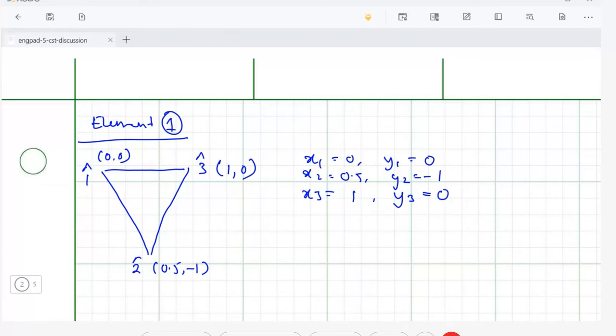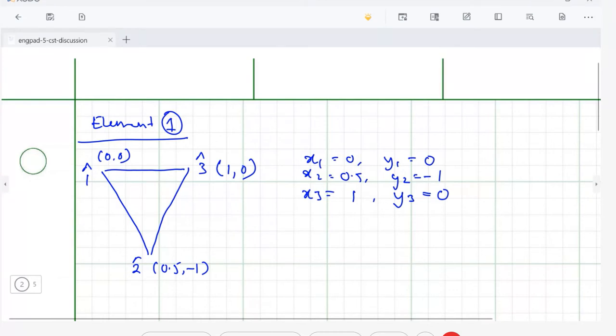The other important information is the numbering scheme of the nodes. In this case, this is node number 1, node number 2, node number 3, and it must go counterclockwise. This is in your textbook. I don't recall if I mentioned this in the video, but let me remind you again, the numbering system should be in the counterclockwise direction: 1, 2, and 3.